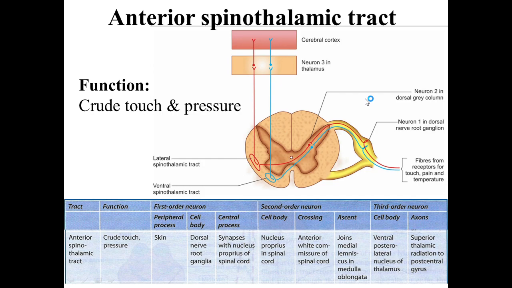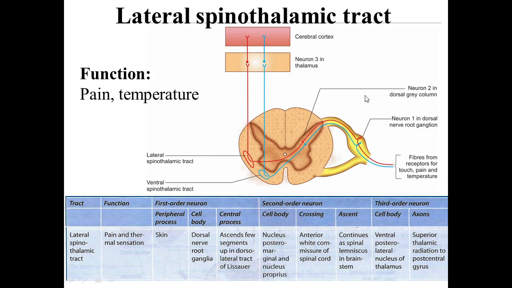Then the next tract is the lateral spinothalamic tract. The lateral spinothalamic tract conveys pain and temperature sensation. This red line indicates the lateral spinothalamic tract. Now in this tract, the peripheral processes receive the sensation from the skin.